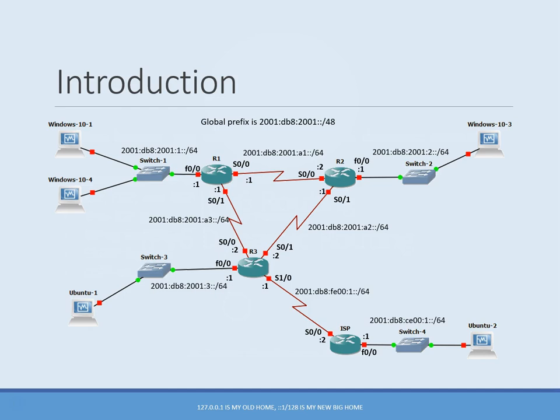So we need a topology to do this practice, and we will use the same topology that we used in our previous lessons, specifically in the IPv6 configuration lesson and in the static IPv6 routing lesson. If you want to know details about this topology, you can go back to these lessons and you will find a full explanation of the topology.